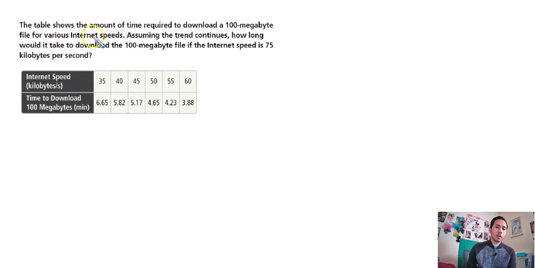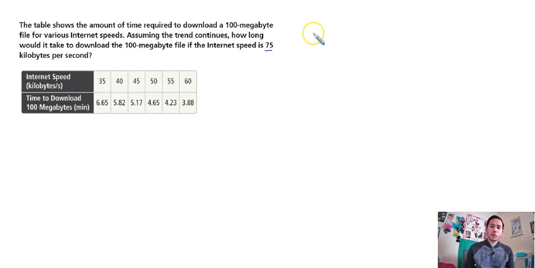So the table shows the amount of time required to download a 100 megabyte file for various internet speeds. Assuming that the trend continues, how long would it take to download the 100 megabyte file if the internet speed is 75 kilobytes per second? So this is now the table.